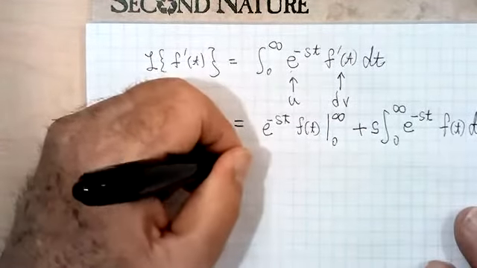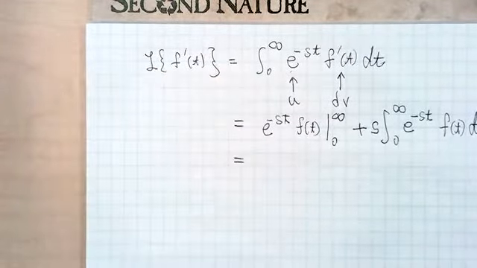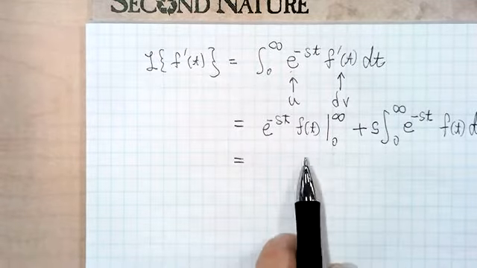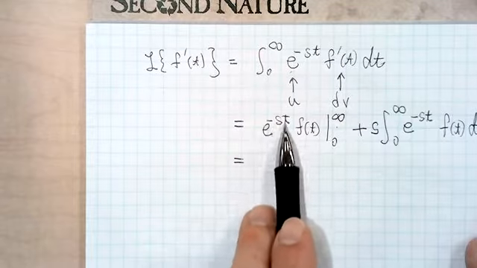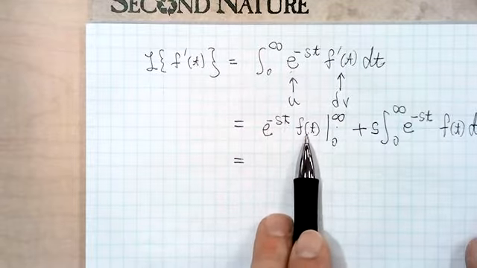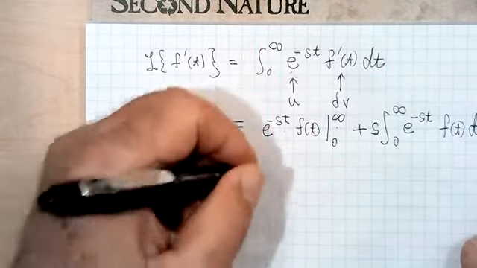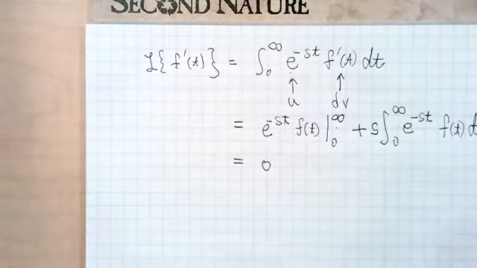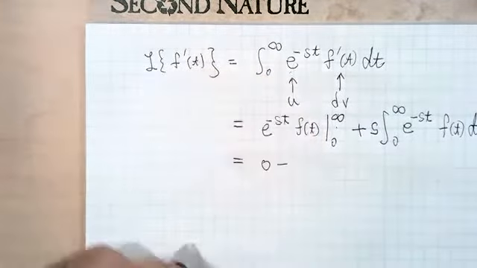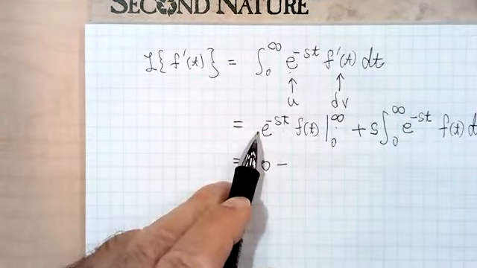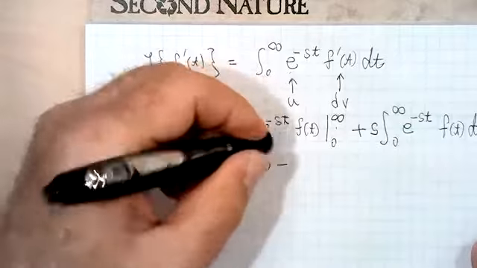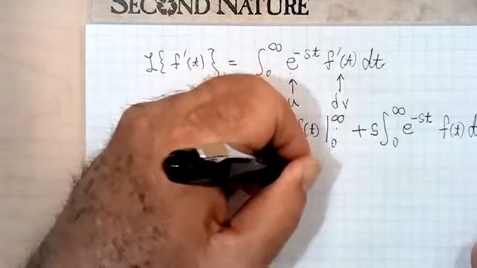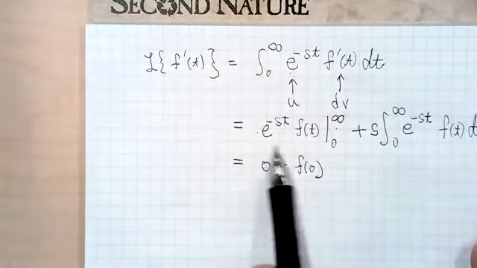Okay, now, we have seen this so many times, and it's just a little bit different this time. What happens when you let t run off to infinity? Well, this thing gets crushed down to 0, so we'll delete that. As long as f doesn't grow faster than an exponential, you'll get a 0 when you plug in infinity. Then, notice there's no negative sign here this time. When I plug in the 0, I get e to the 0, which is 1, and f at 0. So I actually get minus f at 0 coming out of this piece.